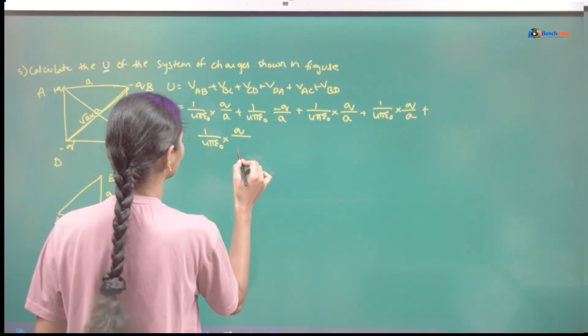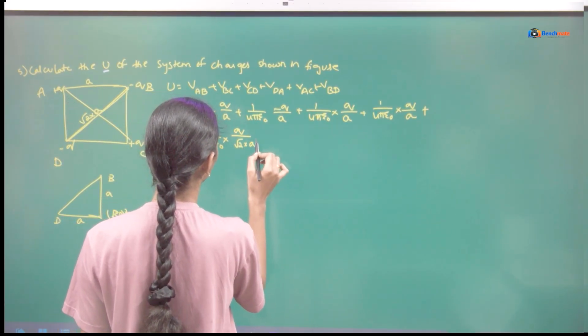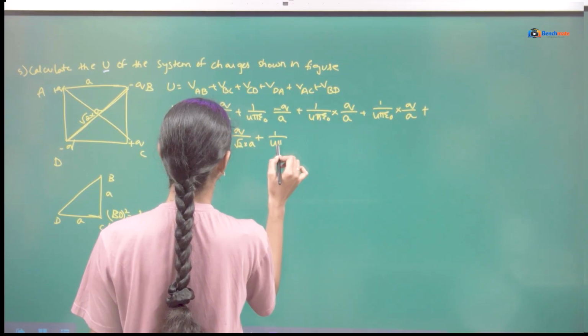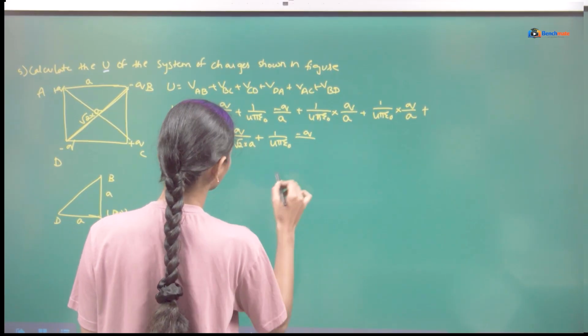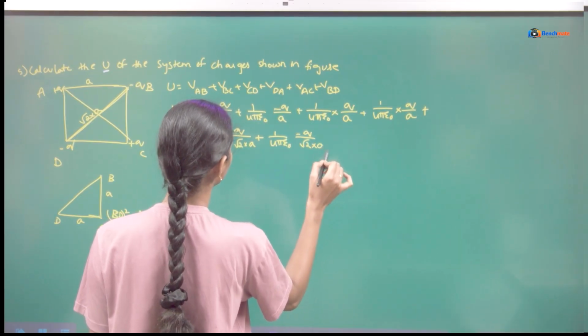What is the distance? Root 2 into A. Plus 1 by 4 pi epsilon naught, B negative, minus Q, distance root 2 into A.